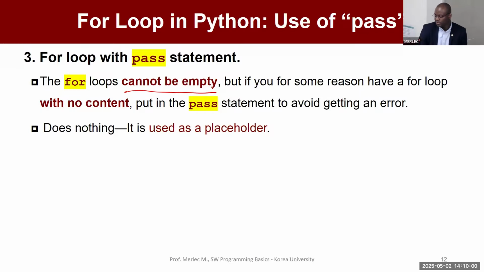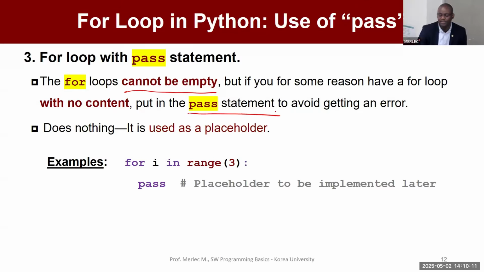So to avoid such a situation, you can use pass in order to avoid getting an error from the Python interpreter. As shown here, you just have to put this keyword pass inside the for instruction. It will be holding space for you to fill in the related code later.